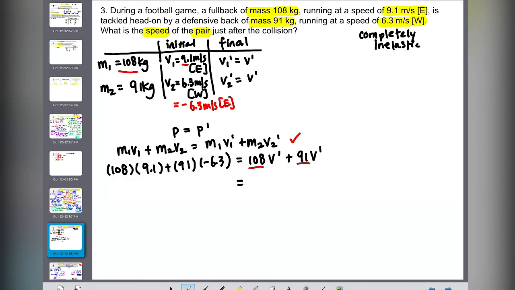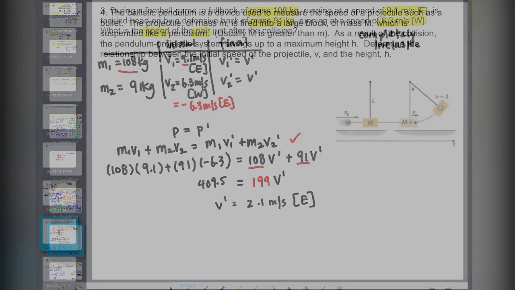I have 108 and 91, so I got 199 V prime. Then I'm going to multiply everything on the left hand side, which gives 409.5. Then divide both sides by 199 to get rid of the number in front of the V prime. So V prime works out to be 2.1 meters per second. And we assumed east to be positive, so my answer is going to be east.